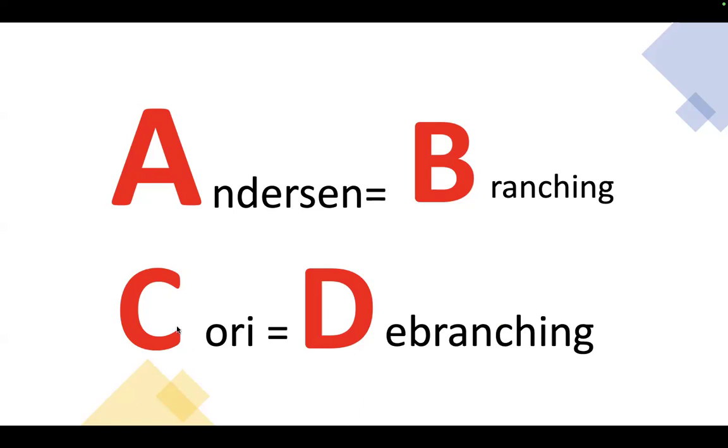So don't forget this visual mnemonic. What is the mnemonic for the branching and the debranching? It is A, B, C, D, which stands for Anderson's is branching, Corey's is debranching.